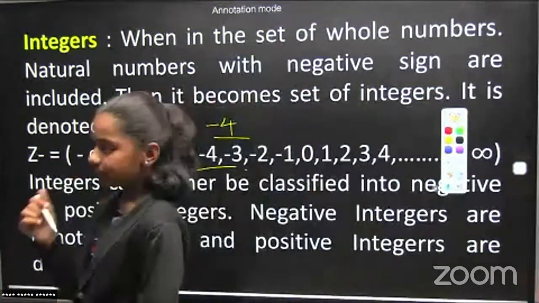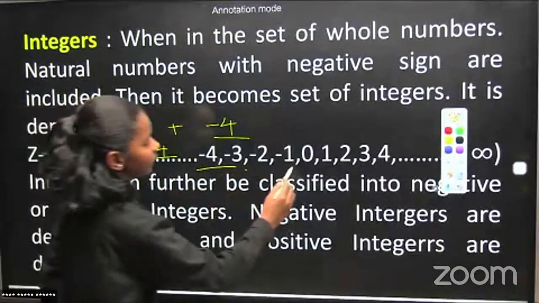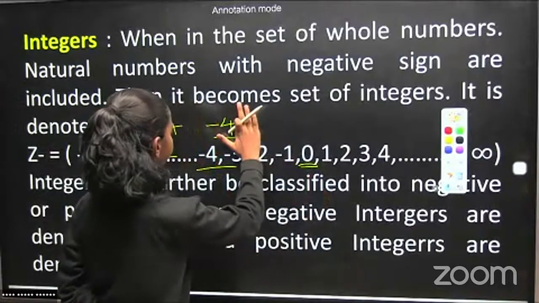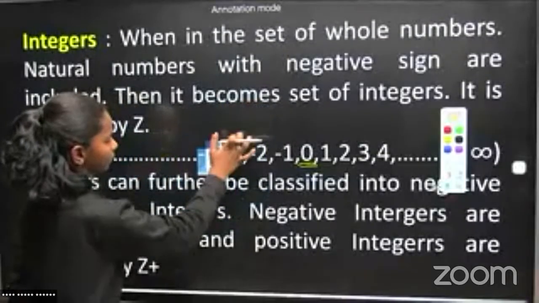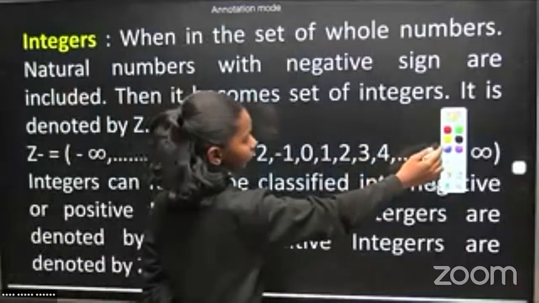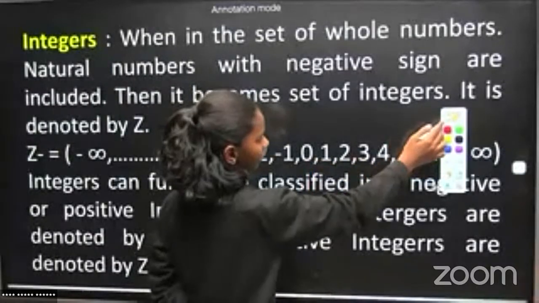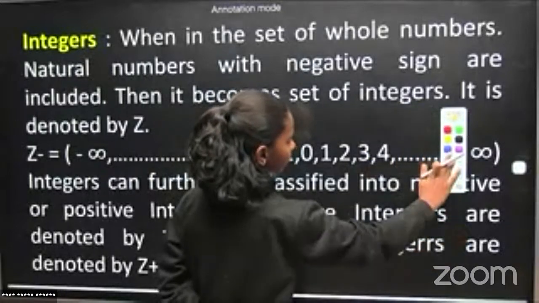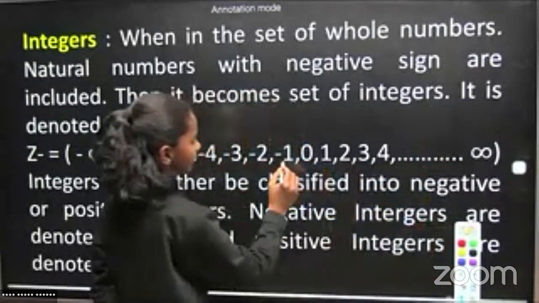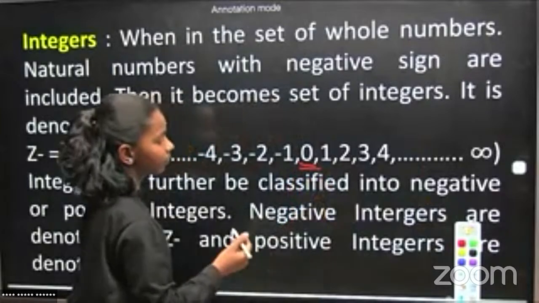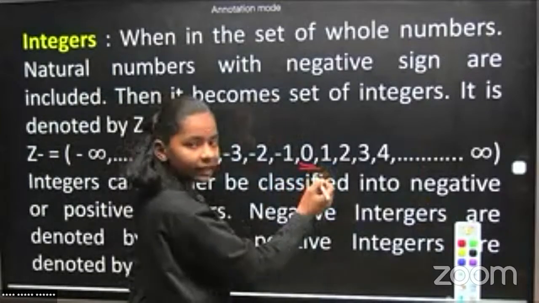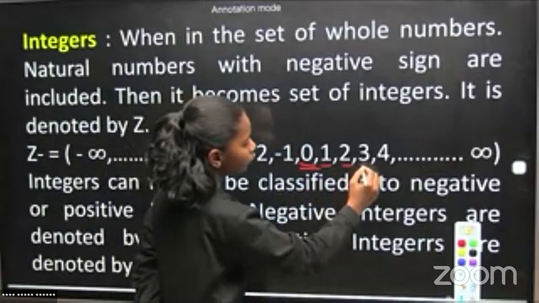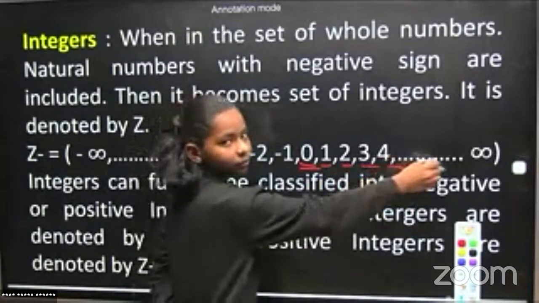Here, see here. This is 0. As usual, we write 1, 2, 3, 4, and infinity.